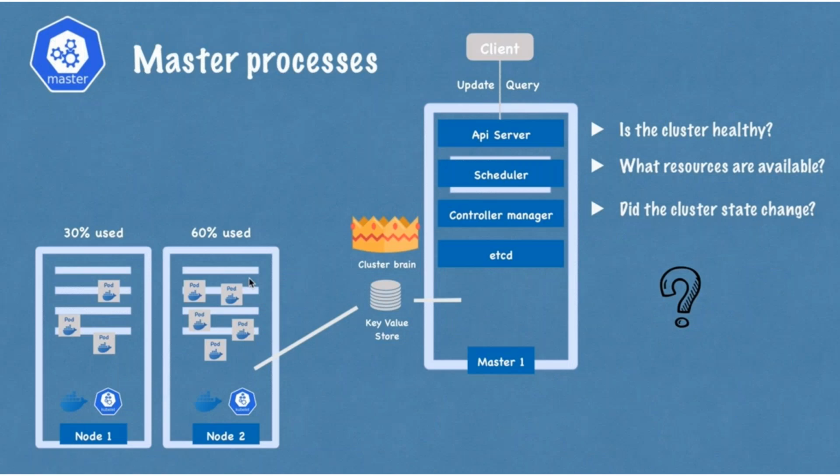Coming back here, when I talk about master, I'm talking about these four components majorly. Out of these four components, the gateway or the authenticity of the request is validated by my API server.